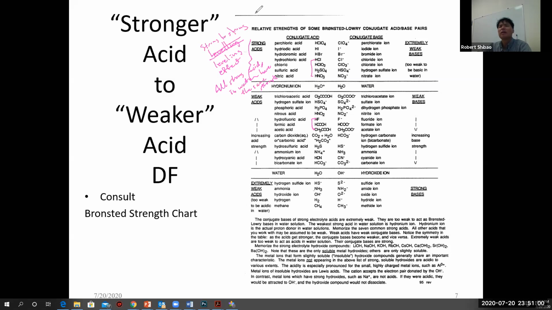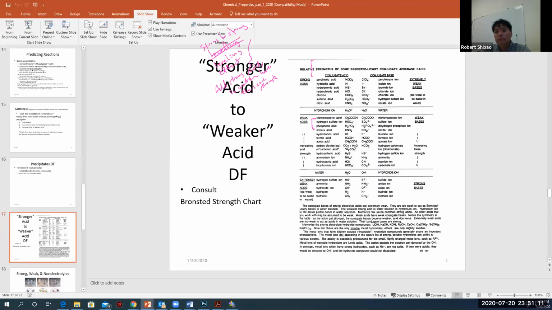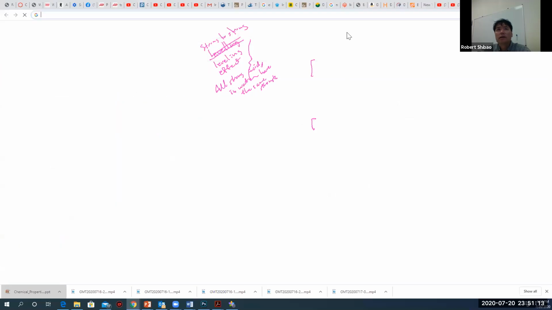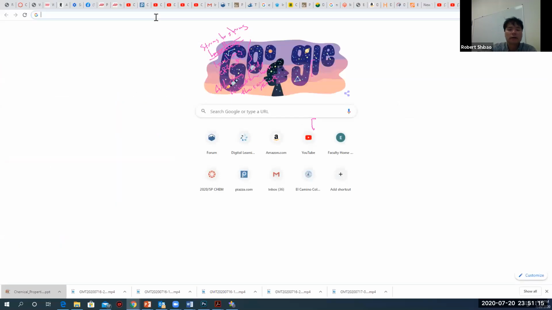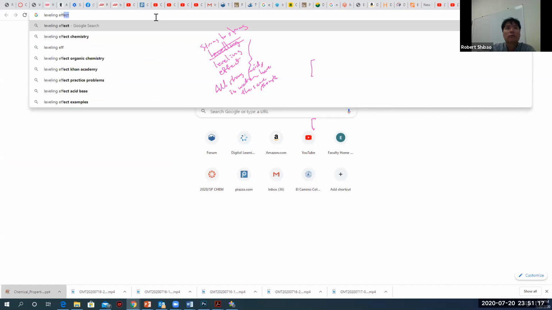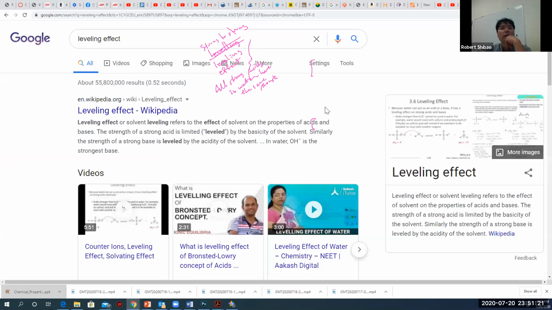The leveling effect is not talked about in our book. However, if you want more information on the leveling effect, we could find that in Wikipedia, or maybe Khan Academy.